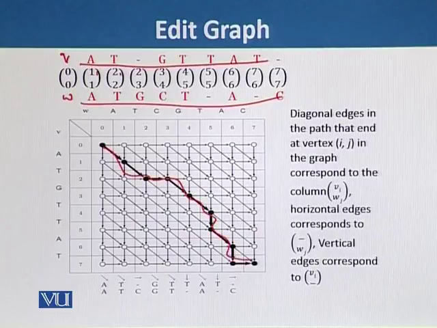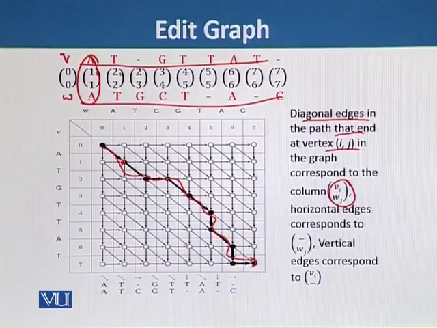Here the point is that when we use the diagonal edges in the path that ends at the vertex ij, each of these vertices in the graph corresponds to the column Vi and Wj. For example, we have A and A, so it means that we have V1 and W1.